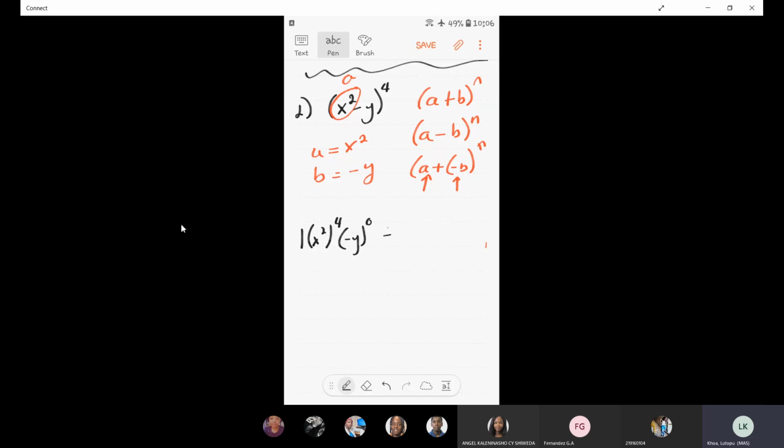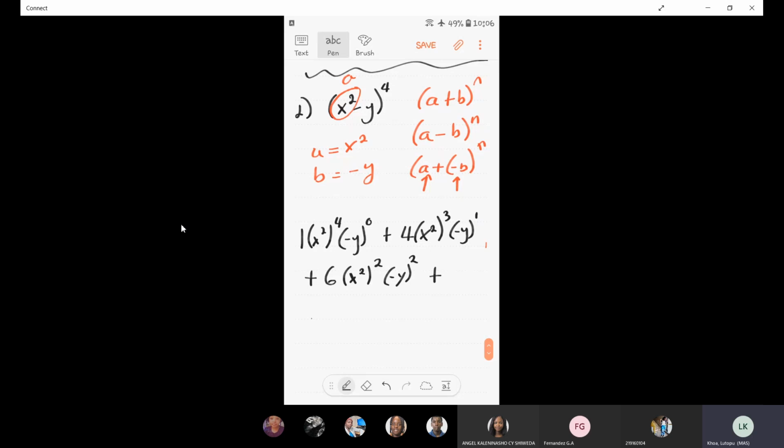Then the next one, the coefficient, we said is 4. So I have 4 x squared to the power of 3, and then minus y to the power of 1. Then the next coefficient was 6. Then I have x squared to the power of 2, and then negative y to the power of 2.